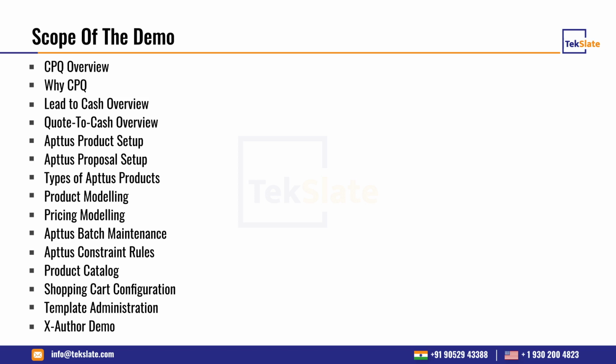If any of our services are there, like internet services or telephone services, all are called product in terms of Apttus CPQ. Those are all configured as a product because Apttus CPQ has provided such language, so we have to follow that.